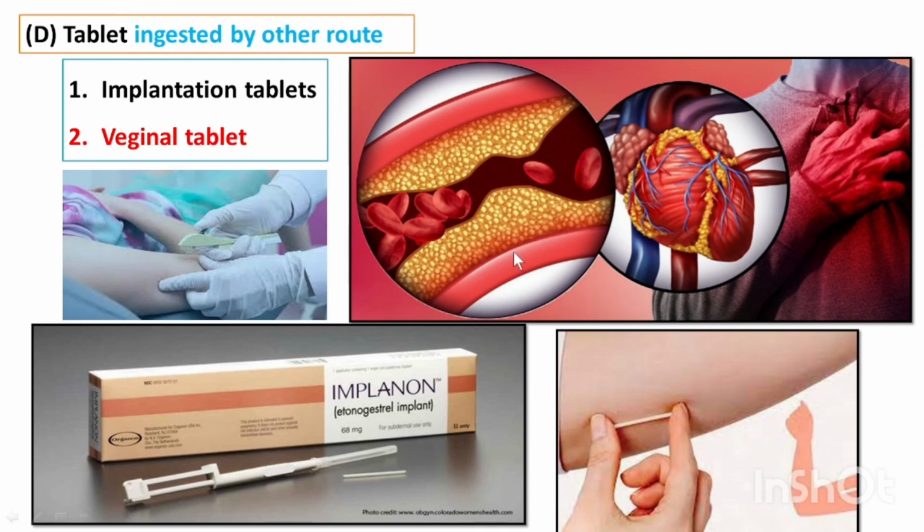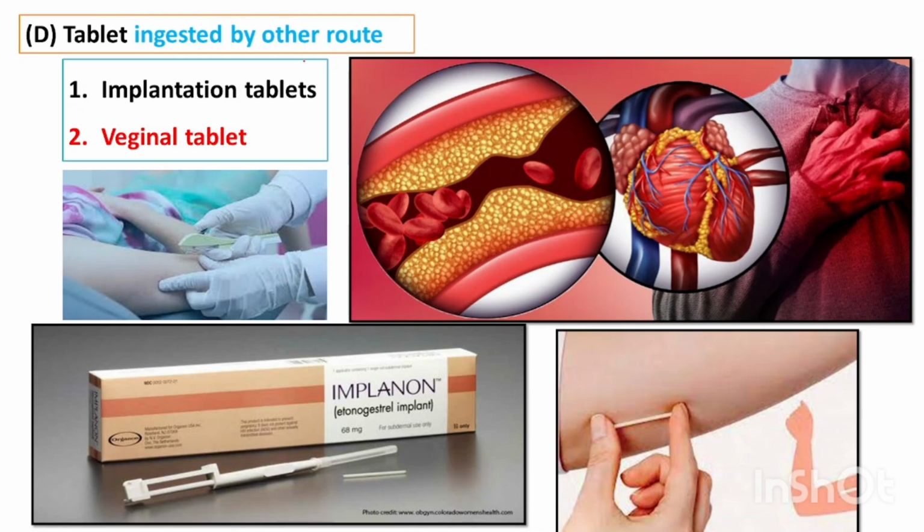For the tablet triturates, those are potent drugs we can use as a sublingual tablet, mostly in case of heart disease, right? Coronary heart disease. We can take a potent drug sublingually, which will give a systemic effect within a short period of time, bypassing the liver and the first-pass metabolism.